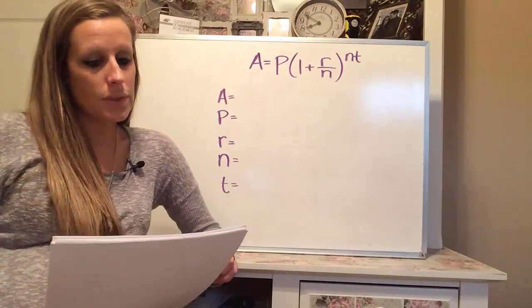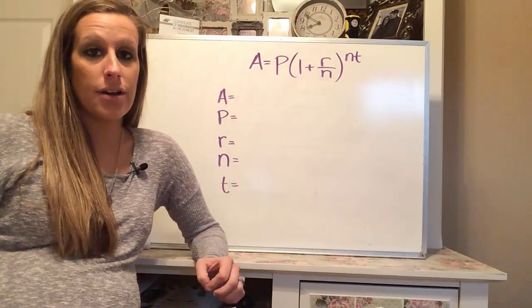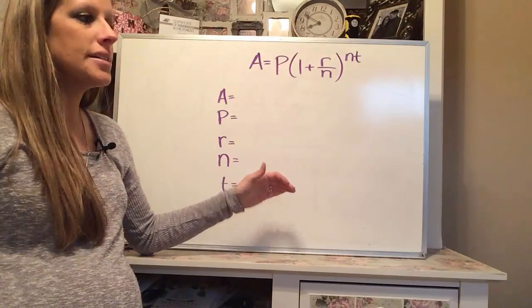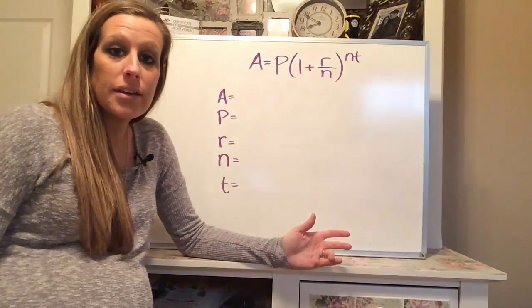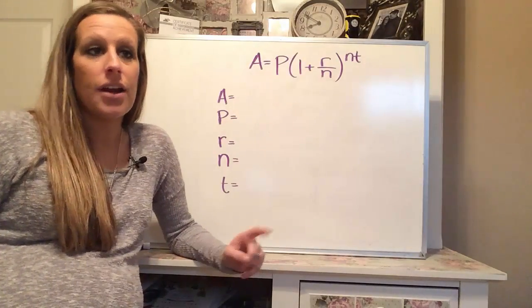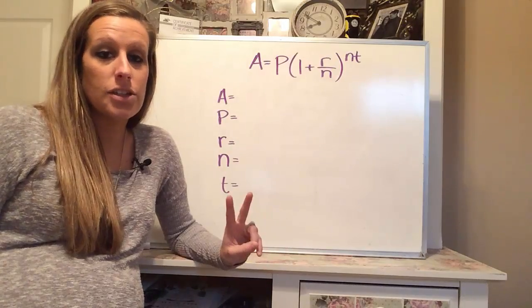Okay. N is the number of times the interest is compounded per year. So if it says that it's compounded annually, that means once a year. My N would be 1. It happens one time a year. Semi-annually, it happens twice a year. So my N would be 2.